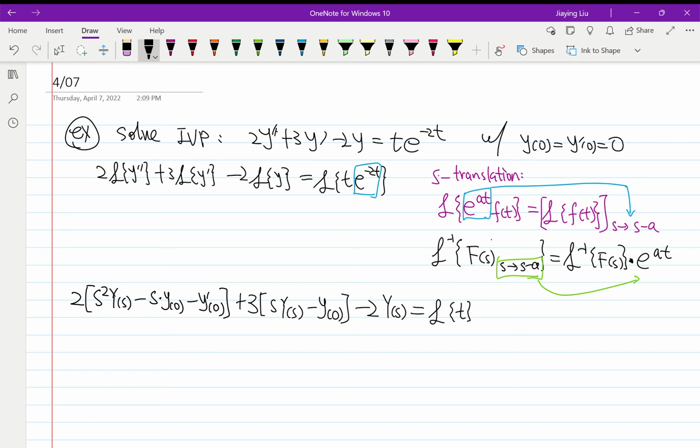And after we've done that, we're going to have to do the translation. So right now I'm going to just note that at the end, the s will be replaced with s minus a, so s minus negative 2. This negative 2 comes from the negative 2 in the exponent of the exponential part.